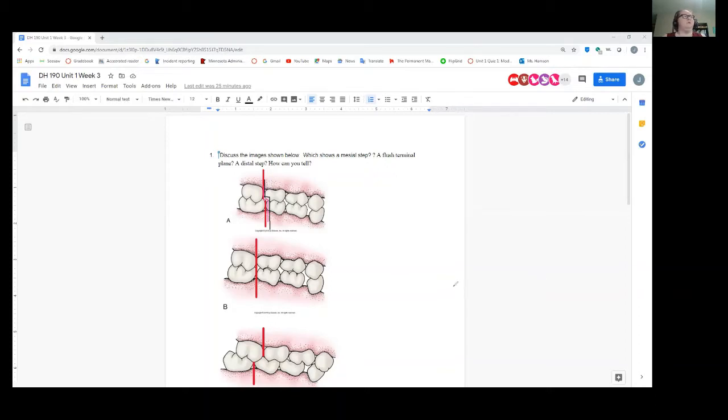All right, group 2, how about B? We wrote that it was flush terminal plane. That is correct. It is a flush terminal plane. Okay, so here we have mesial step. Here we have flush terminal plane. And then group 3, what did you see with C?